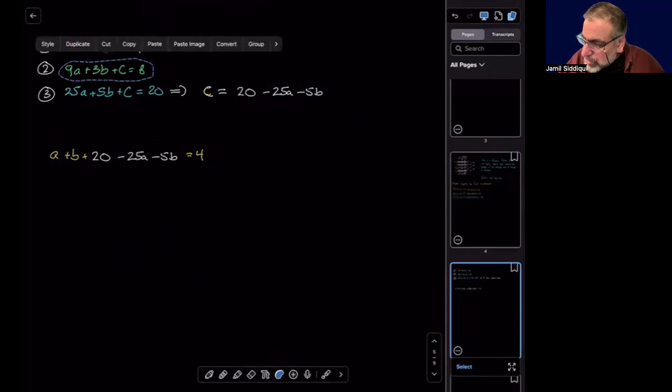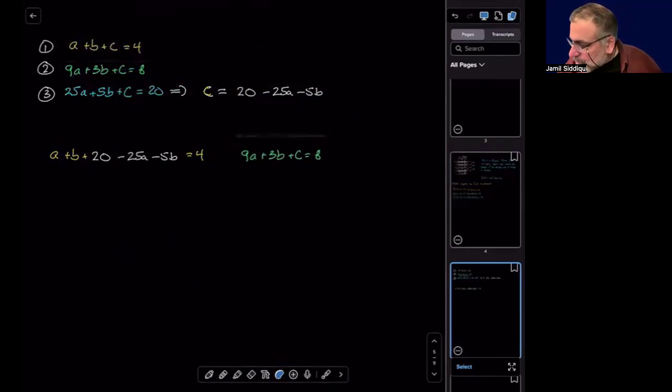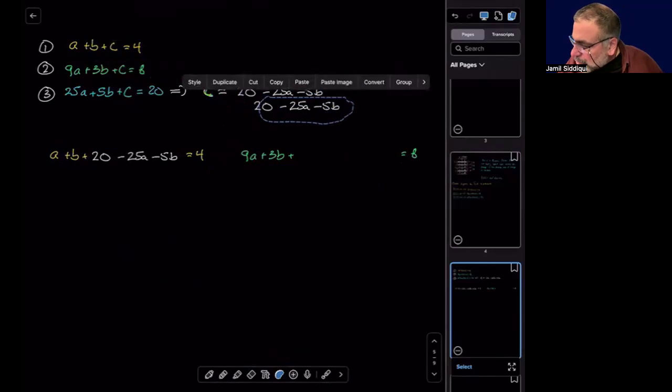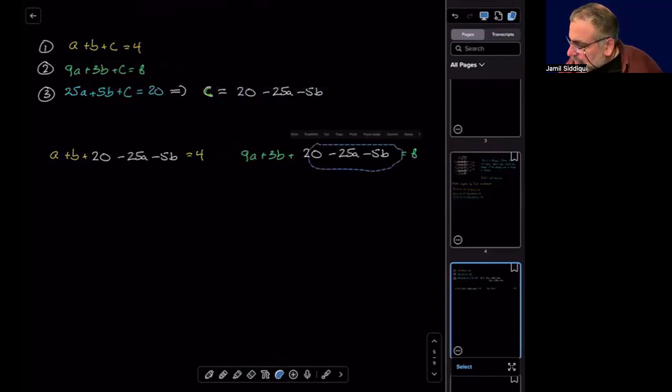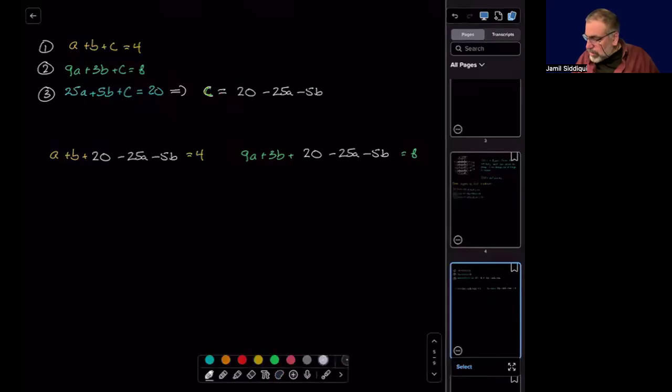I'm going to take equation 3 and plug it into the other two equations. It's always important we plug it into the other two equations. So we're getting rid of that c, and we're replacing it with 20 minus 25a minus 5b. So now we've taken equation 1 and substituted in equation 3. We've taken equation 2 and substituted in equation 3.